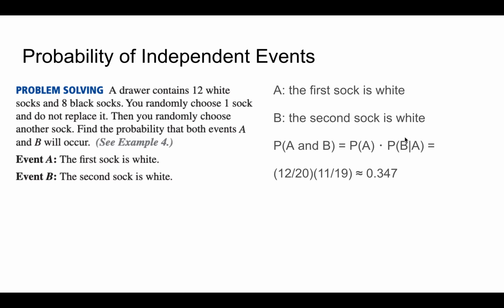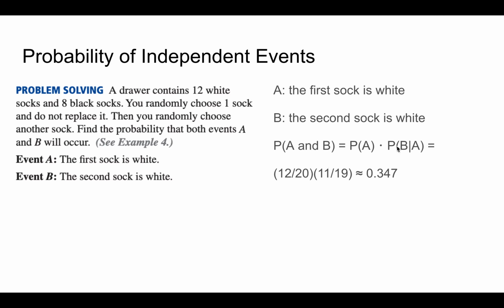Okay, now, this probability of B given A. That means, what is the probability that the second sock is white, assuming that the first sock was white? If we are assuming the first sock was white, that means there's one less sock total, so 19 instead of 20 total, but it also means that now there are only 11 white socks instead of 12, because the first one that we picked was white. One of the white ones is now gone.